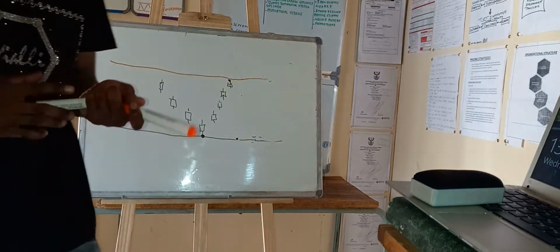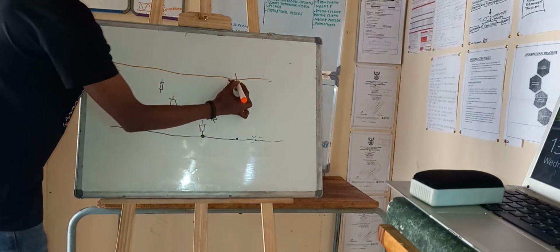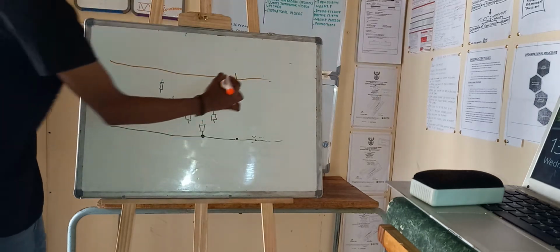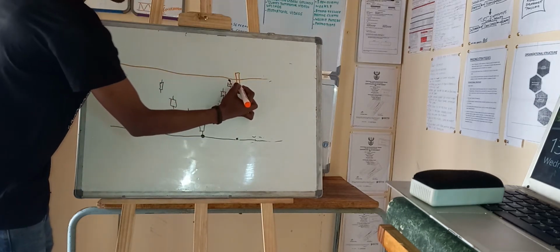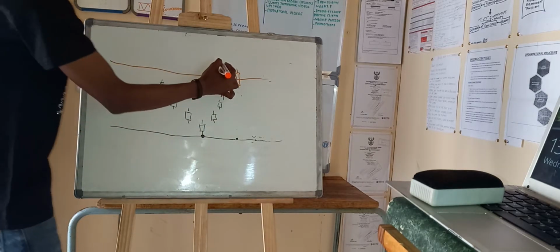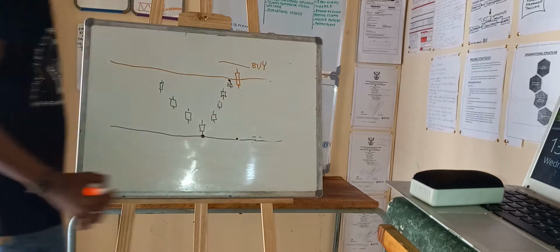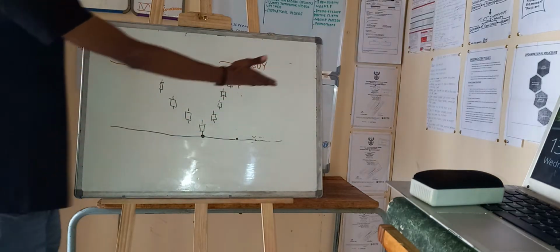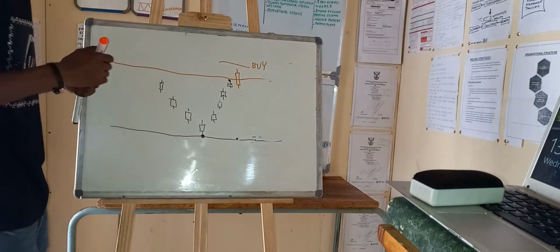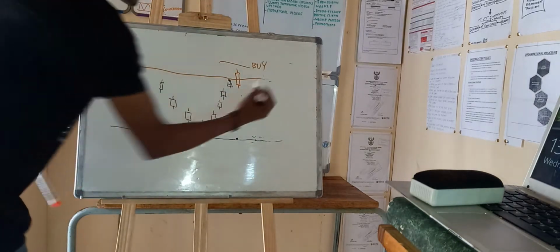On the 1 hour time frame, the scenario is this. If the 1 hour candle breaks above what we call the resistance level, right? That is where we expect to do what? To buy. Why? Because automatically the resistance level is no longer the resistance level, but now we have a new level called the support level.